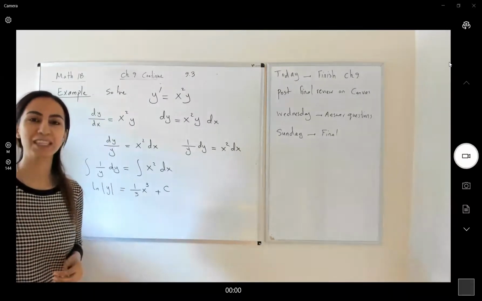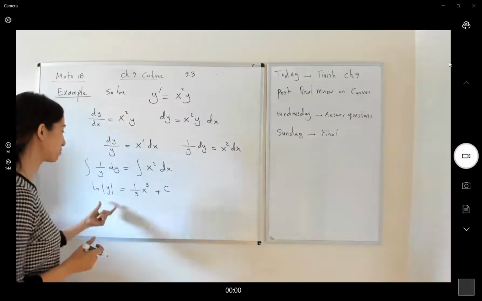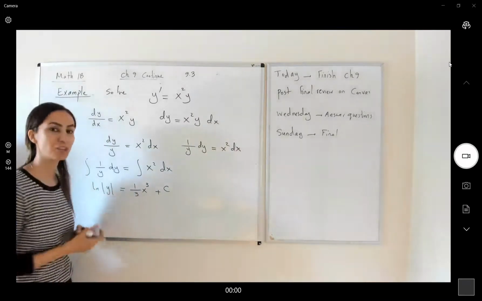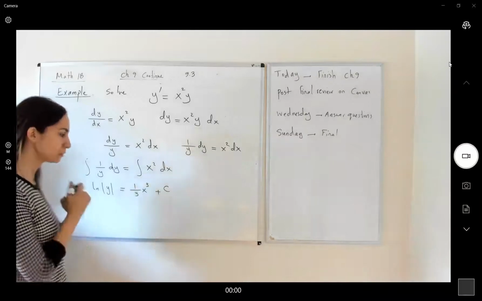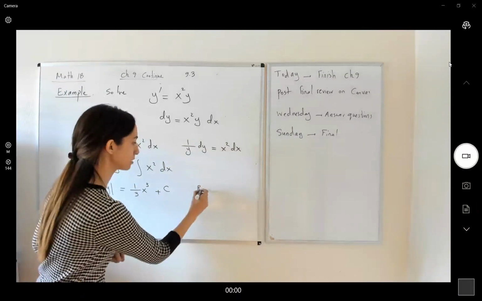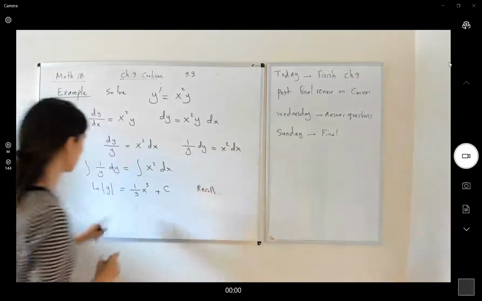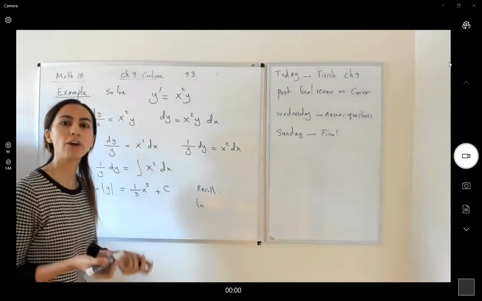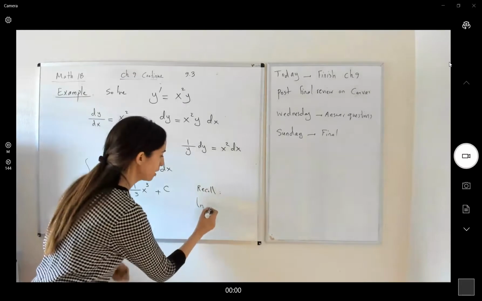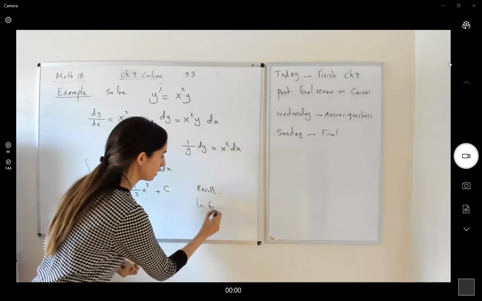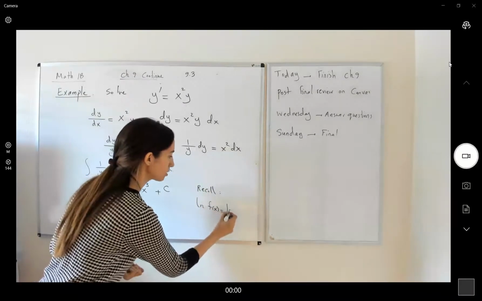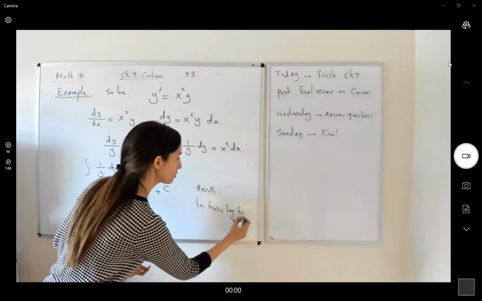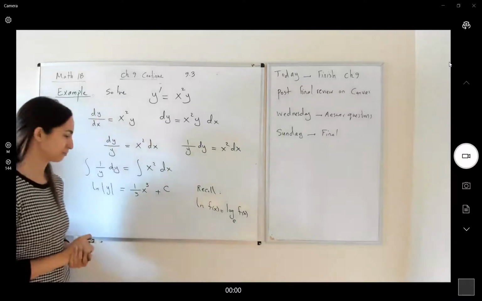Now we're using algebra techniques to try to write y in terms of x. First of all, we recall that ln of a function, any function, like f of x, is nothing but log with base e of that function.